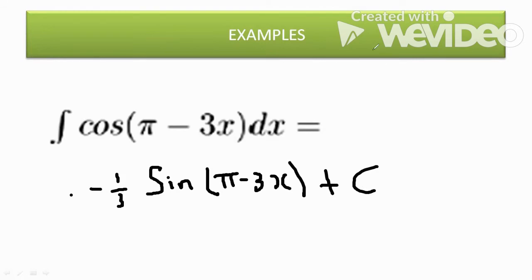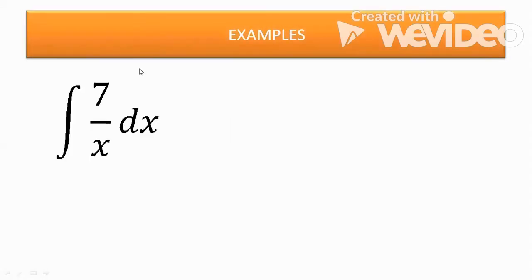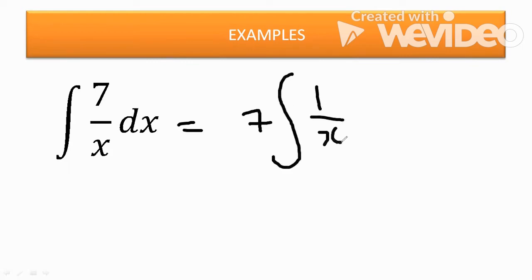Alright, so that was pretty straightforward. So now we have something like this, and we're going to rewrite this question. We're going to pull out the 7, so we're going to have 7 integral 1 over x dx.